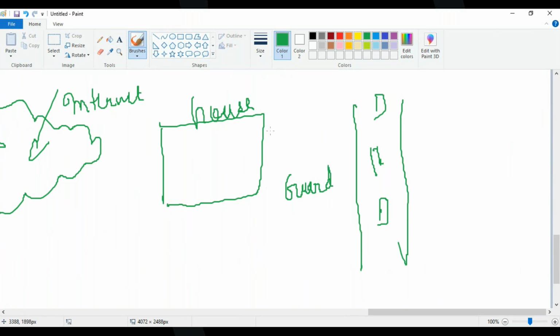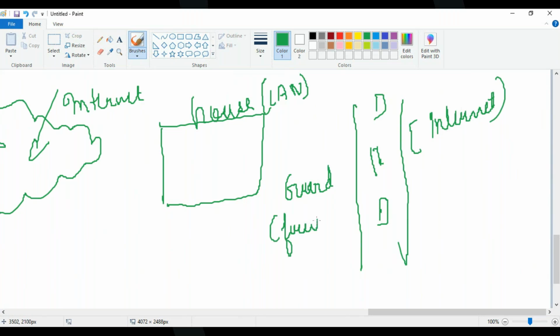Now consider this house as your local area network, your home, your office. You know what a local area network is, right? And consider this street as the internet, and your guard is your firewall. So the guard, the firewall, is at the main gate, yes, with the router, definitely your router would be here only.